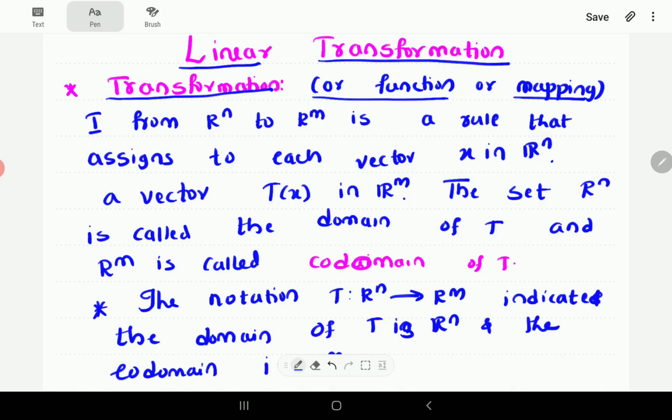It is denoted by T from the space Rn to Rm. Say T is a transformation from Rn to Rm. This is basically a rule that assigns to each vector x in Rn a vector T of x in Rm.